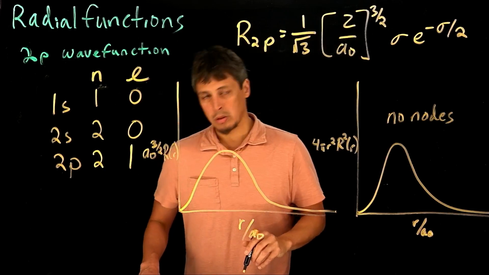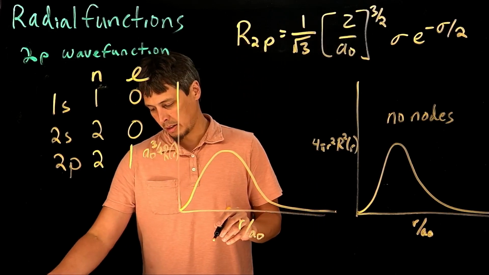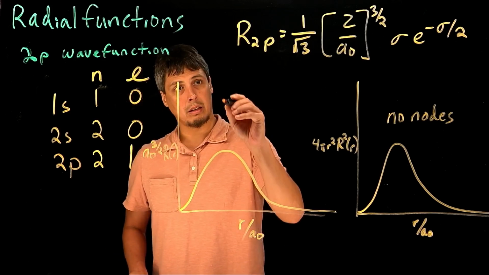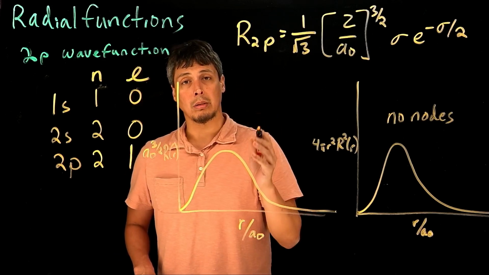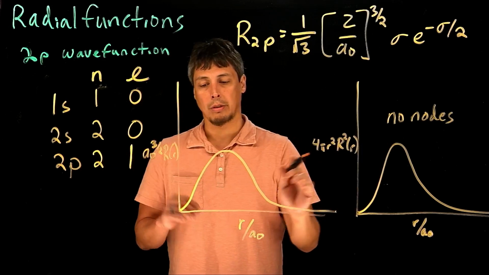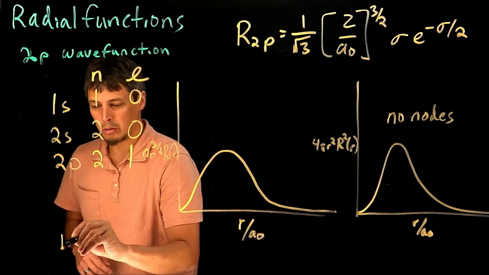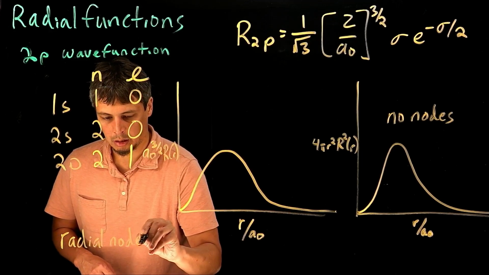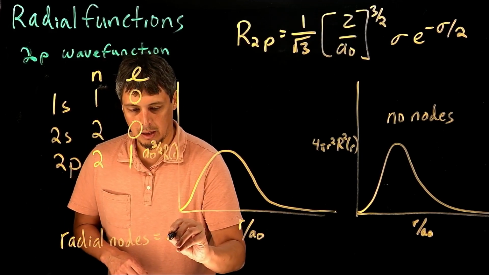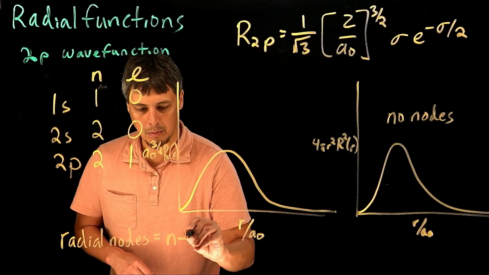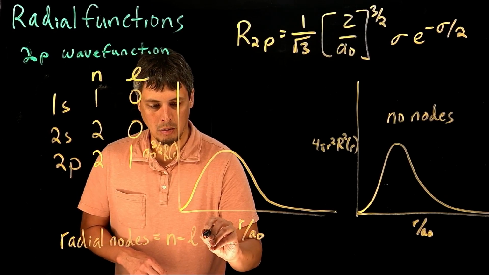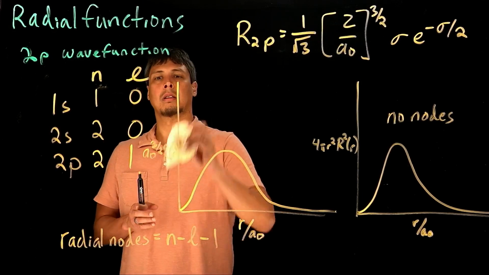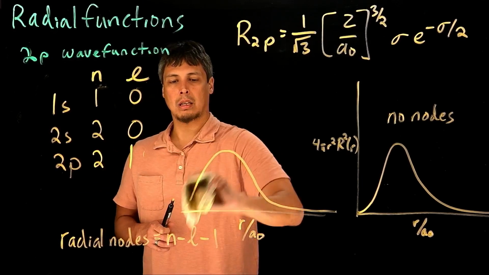And so the number of radial nodes, I should say, since we were looking at the radial function, is going to be equal to the principal quantum number n minus the angular quantum number L minus 1.